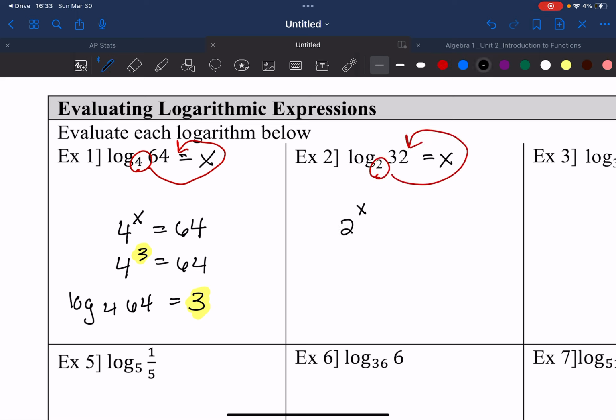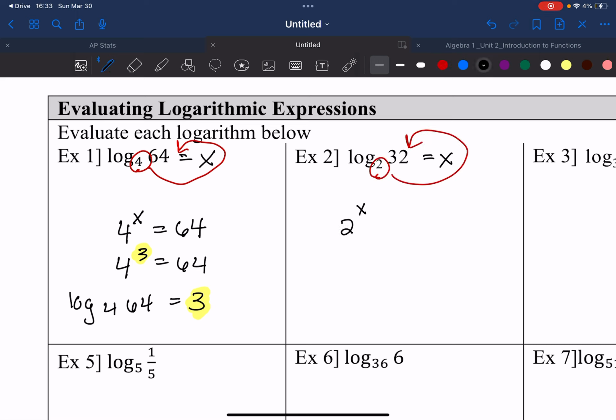So first, what I should try to do is find what exponent, if I was to do 4 to the power of that exponent, would give me 256. Well, 4 to the 5th power, that is too much. 4 to the 4th power.